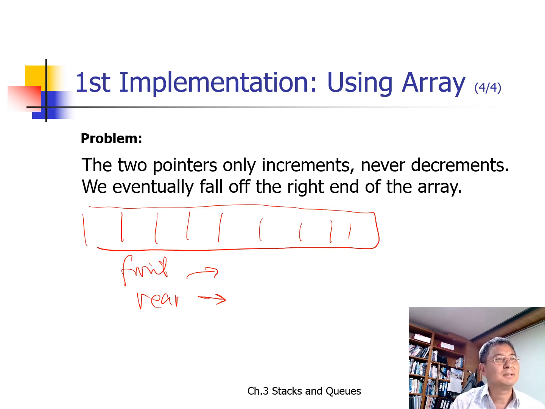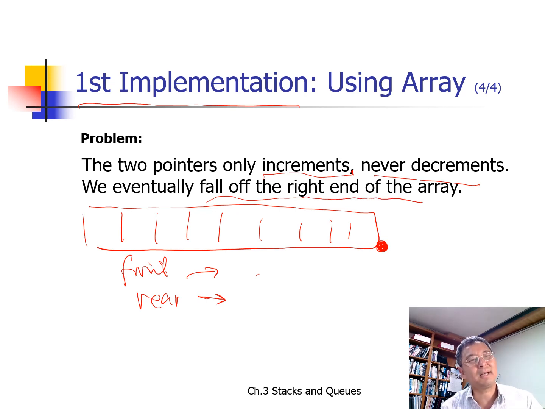That's the first implementation. Then at the end, the front goes to the end of this array, so it will make some errors. That's the problem. The two pointers only increase, never decrease, so they eventually fall off the right end of the array. That will make errors.